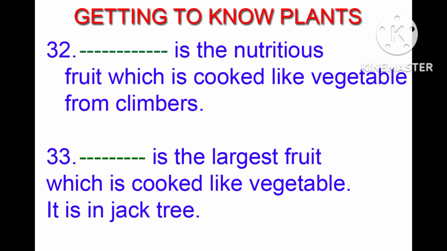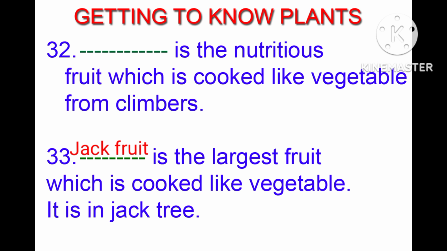32. Dash is the nutritious fruit which is cooked like vegetable from climbers. The answer is bottle gourd. 33. Dash is the largest fruit which is cooked like vegetable. It is in jack tree.